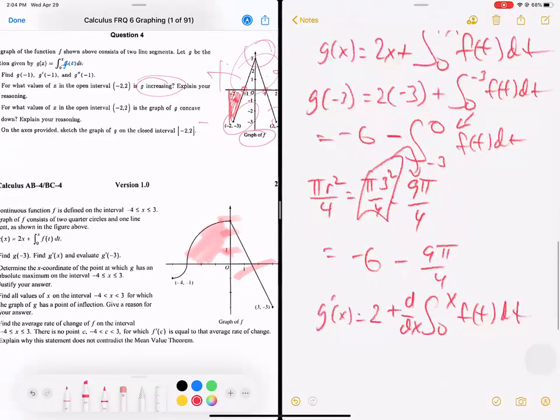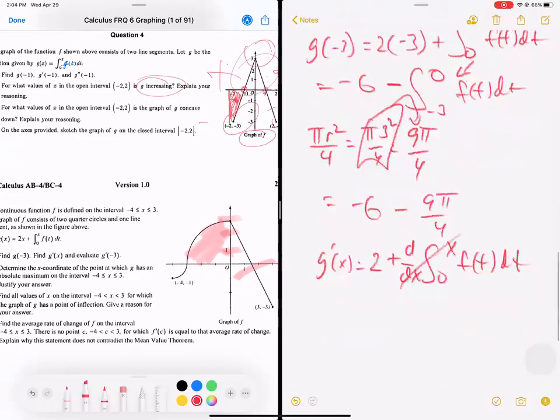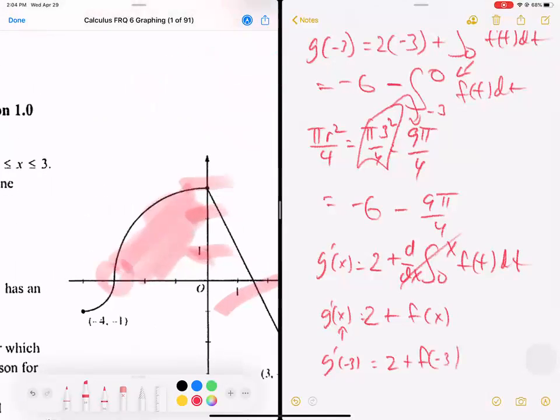Perfect, because when I take the derivative, that gets rid of my integral, and we're left with 2 plus f of x. And we want to plug in g prime at -3. That's going to be 2 plus f at -3. f at -3 is just the graph, and the graph at -3 is going to be 0.